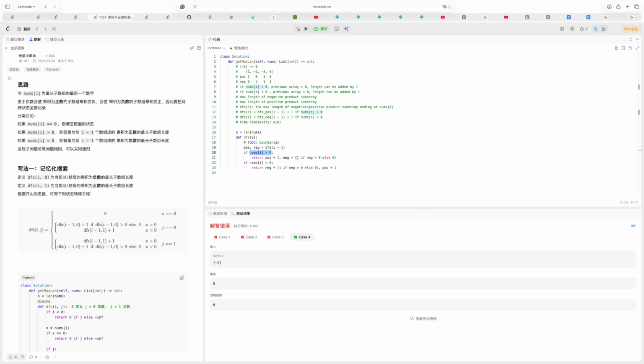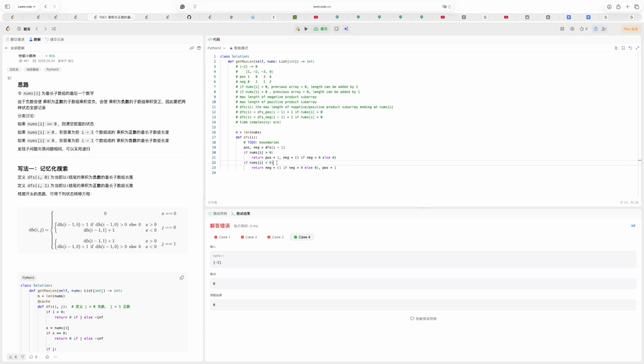But if the previous negative length is larger than 1, then since we have the positive value now, it can be added and the whole subarray will still remain negative, so it can be 2. Yeah, okay, it makes sense.